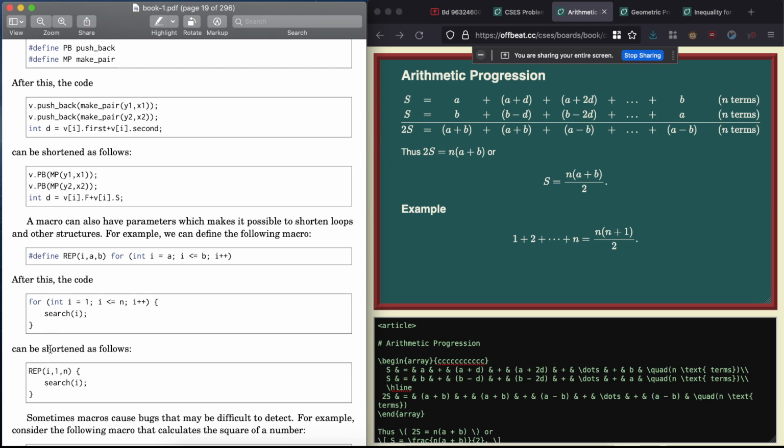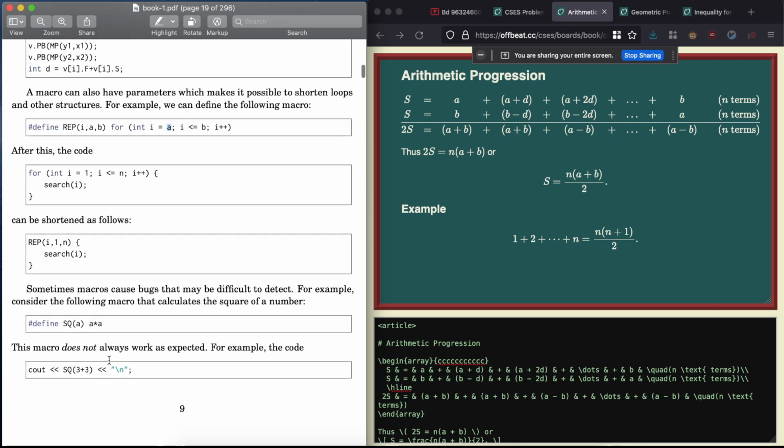But let us say we had chosen j here, so that j becomes a parameter, and during expansion this would get replaced with j, this would get replaced with j, and this would get replaced with j. So it would look like for (int j = 1; j <= n; j++). And where does this one come from? From the second parameter, which is an input for this a, that will go and sit here, and so on. So that's how macros work.